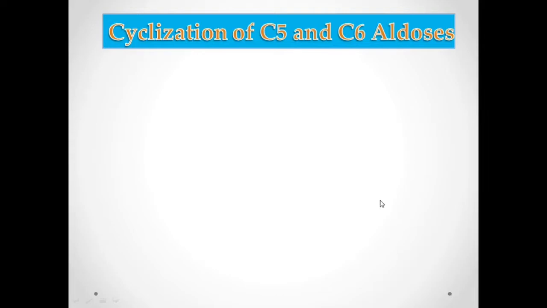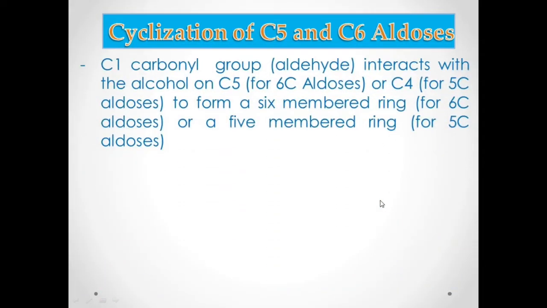The first thing we do when we form cyclic pentoses and hexoses is that carbon 1, which contains the carbonyl group, the aldehyde in aldoses, interacts with the alcohol on carbon 5.